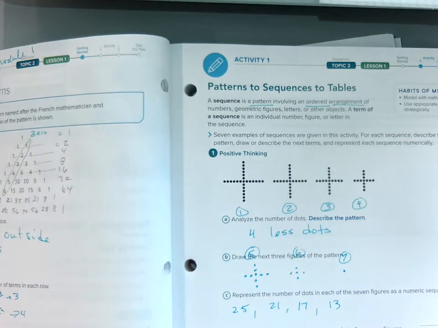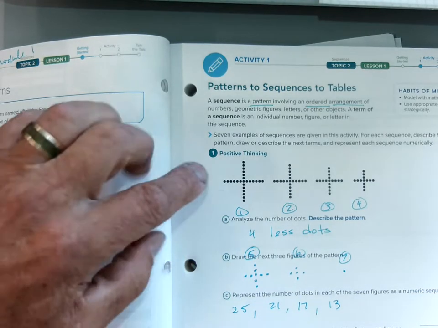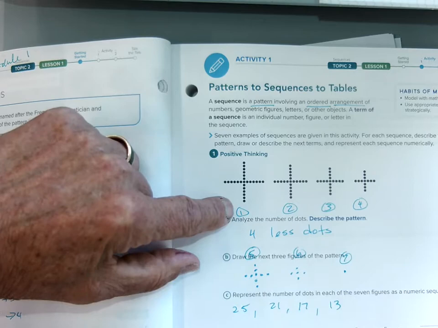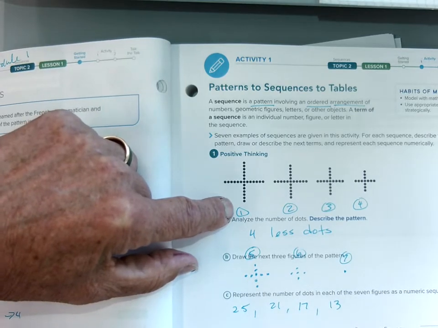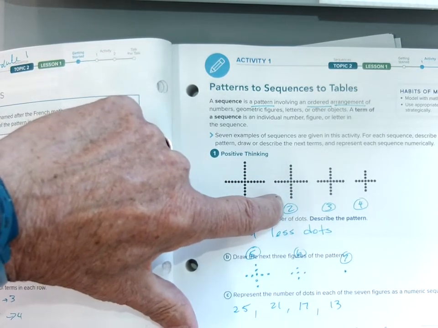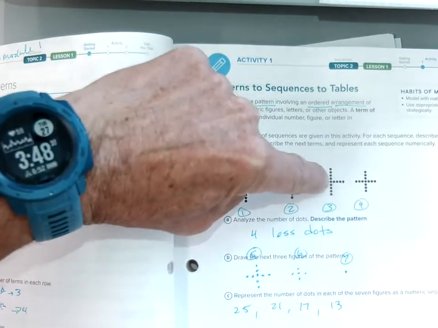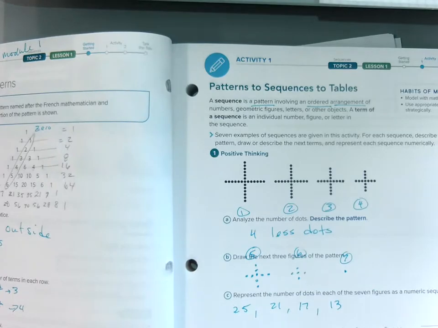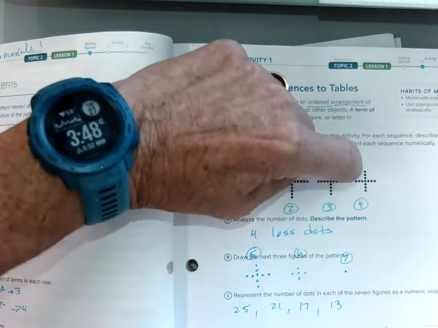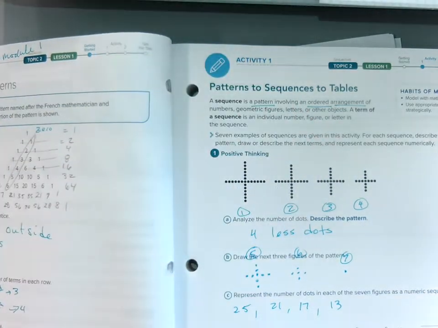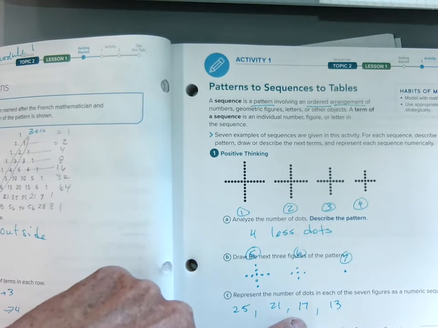Now, let's put this in a chart. We got term 1, that's my first term. It has 25 dots. Term 2, it has 21 dots. Term 3, it has 17 dots. Term 4, it has 13 dots.